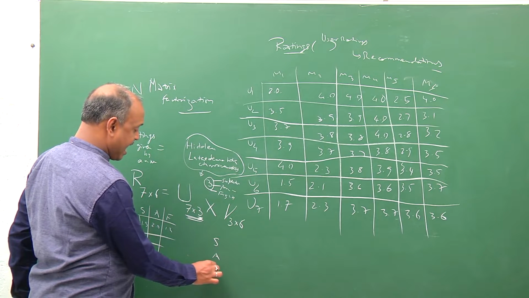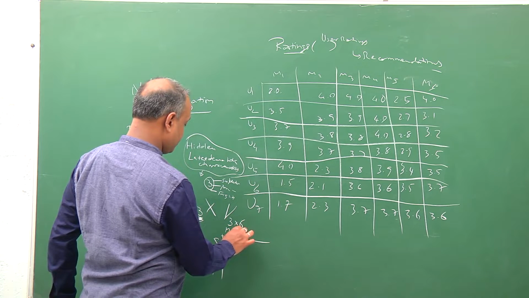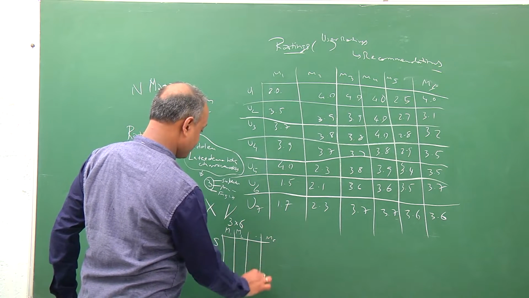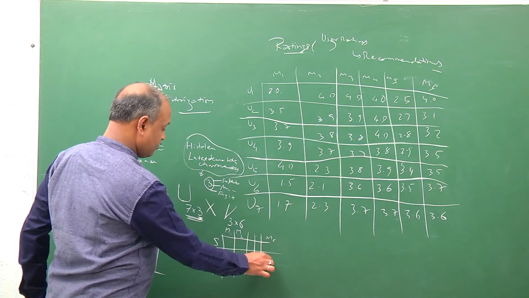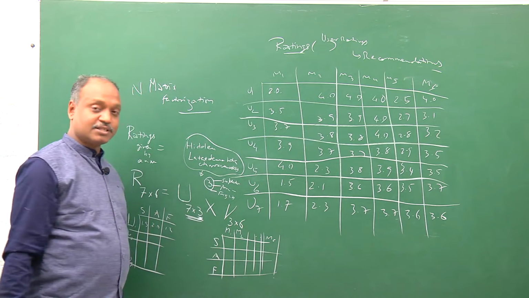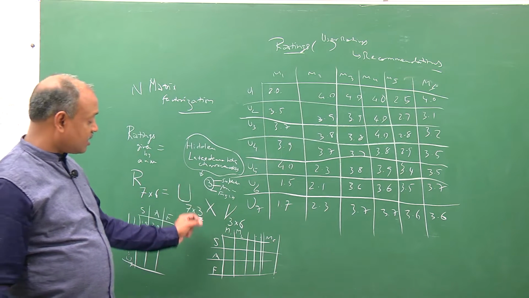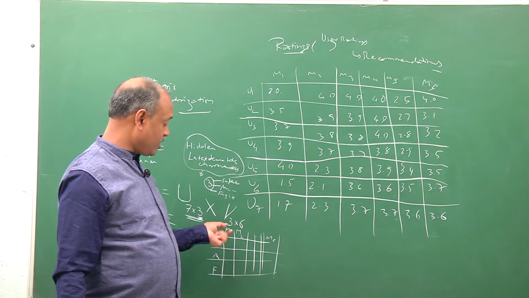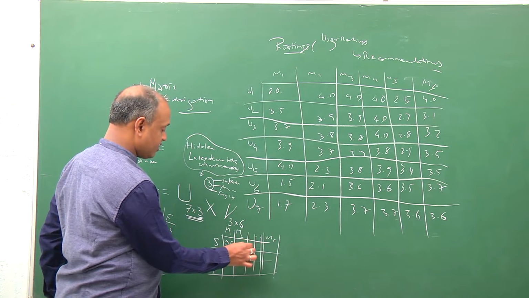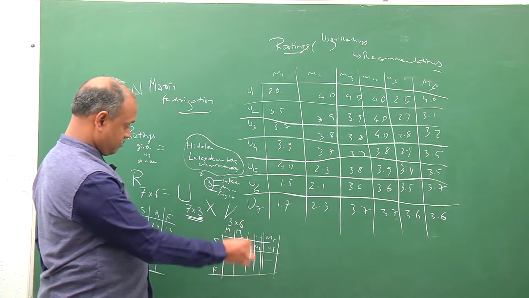S, A, and F. Then we talk about movie 1, movie 2, movie 6. So we form what we call a 3 by 6 matrix, which represents the question: how much of superstar characteristics is present in movie 1, movie 2, movie 5, and so on. It could be 0.5, 0.7, 1, 0.9, something like that.